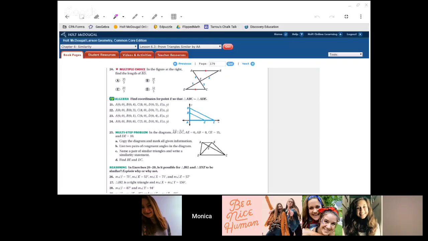Yeah, Charlotte Ann, for 17 and 18 on the practice A, the key thing on those two diagrams that you need to look at is to see that they have parallel lines that are marked. And then you're going to have to go back to what we know about, like number 17 would be, what do we know about angles that are formed when you have two parallel lines cut by a transversal?